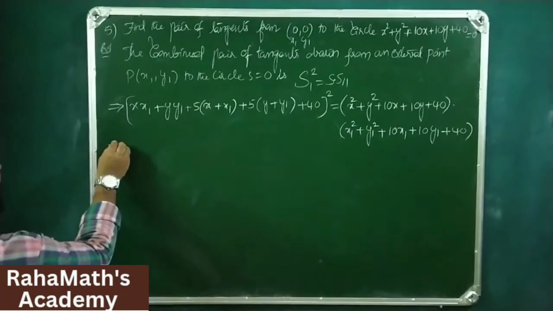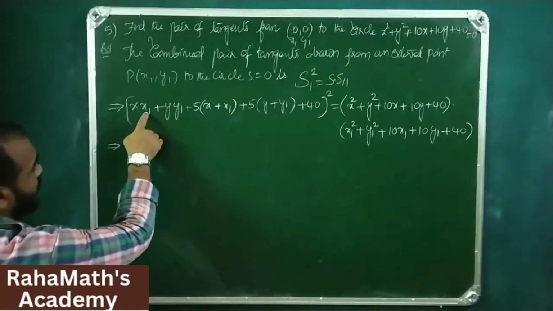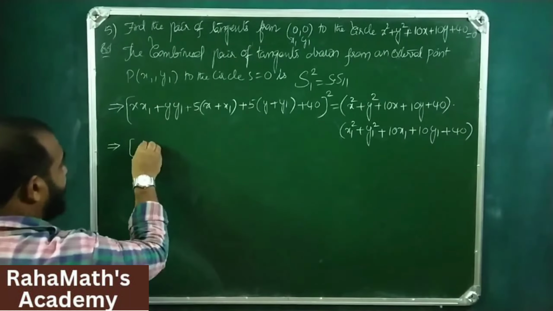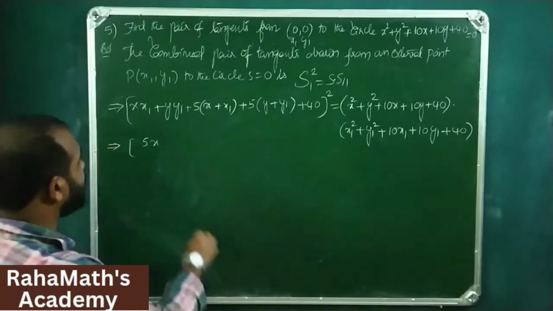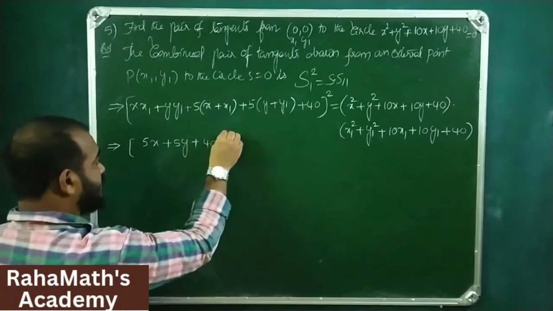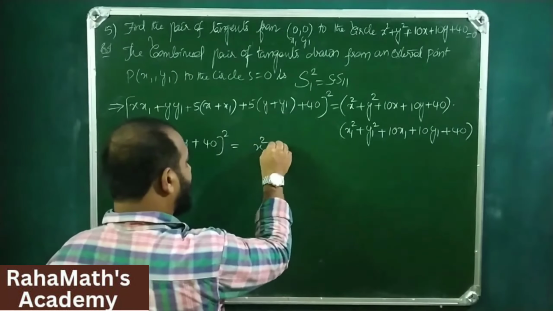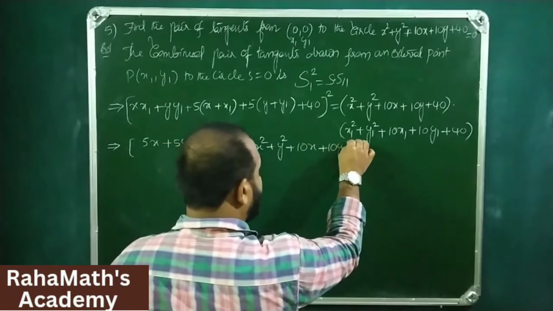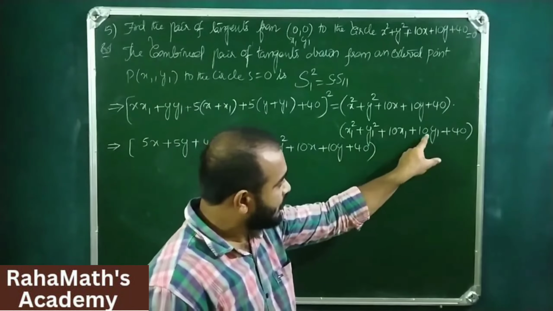Since the point x1, y1 is 0, 0, we get 0 into x, x into 0, y into 0. So 5 into (x plus 0) is 5x, 5 into (y plus 0) is 5y, plus 40, whole square, equals x square plus y square plus 10x plus 10y plus 40 into, this is 0 square, 0 square, 10 zeros, 10 zeros, so 40.